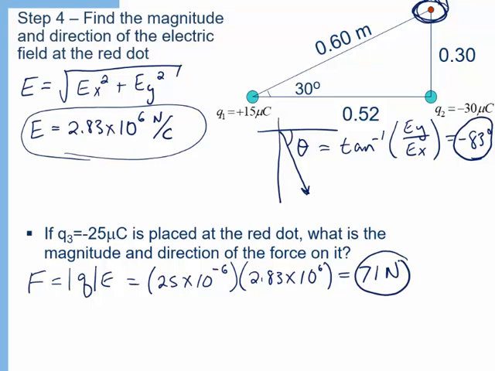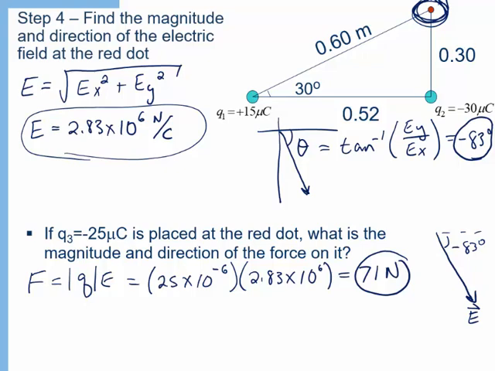Now, what would the angle be? Here we've got to be a little bit careful. We know at that red dot there is an electric field that is making an angle of negative 83 degrees relative to the x-axis.